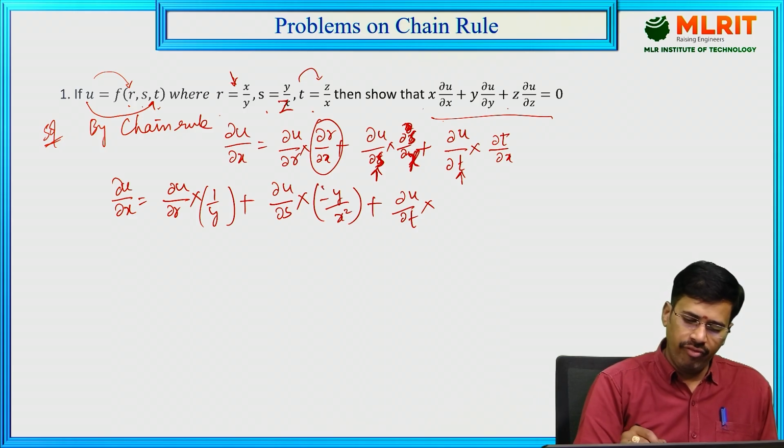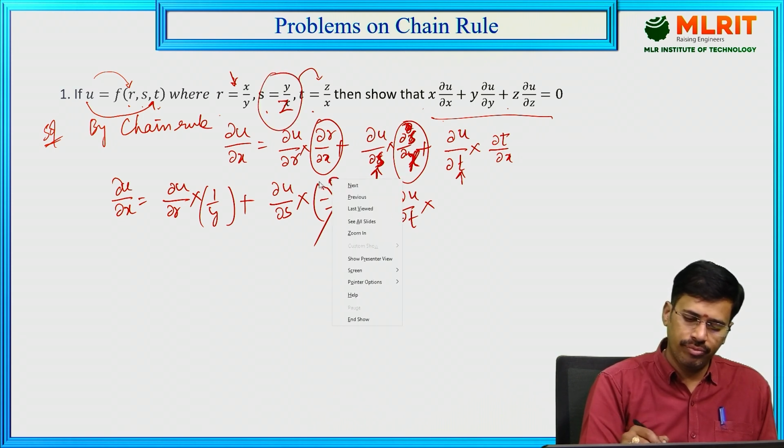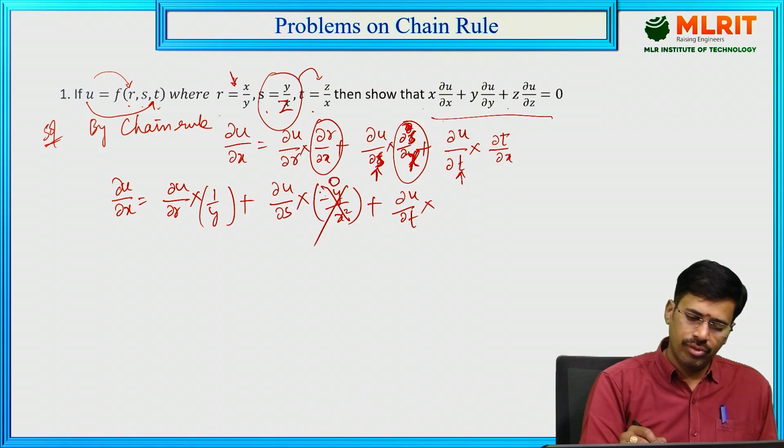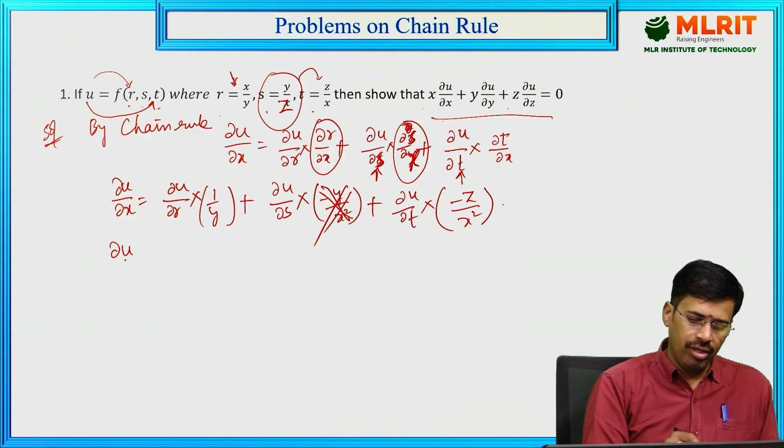So here we will be having ∂s/∂x. There is no x term here, so I'll be getting 0, right? Plus ∂u/∂t into ∂t/∂x, that is -z/x². So what we'll be getting, now multiply the first term x into ∂u/∂x.